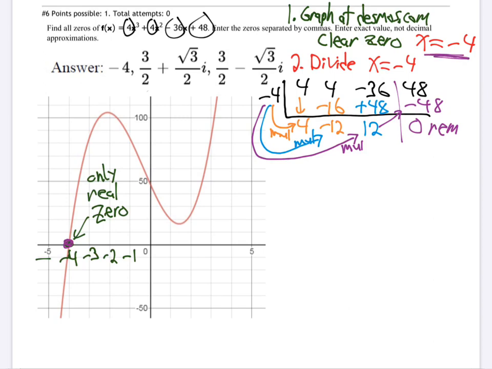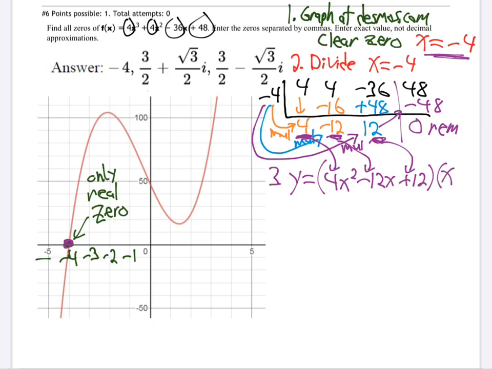Okay, so now what do we have? We know our function is, what are the coefficients? 4x squared minus 12x plus 12 and x plus 4.